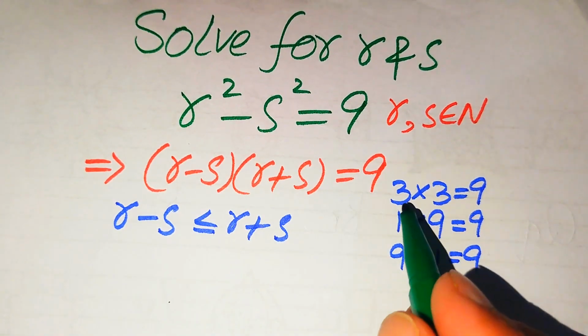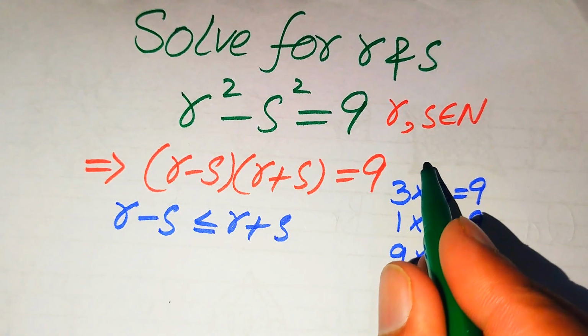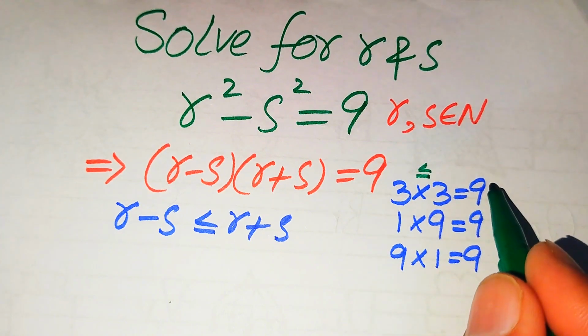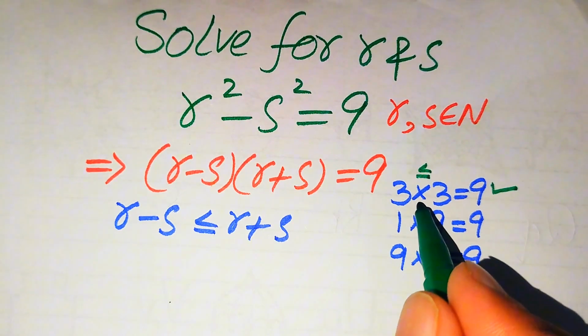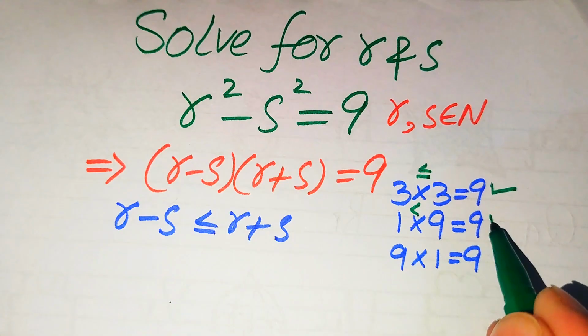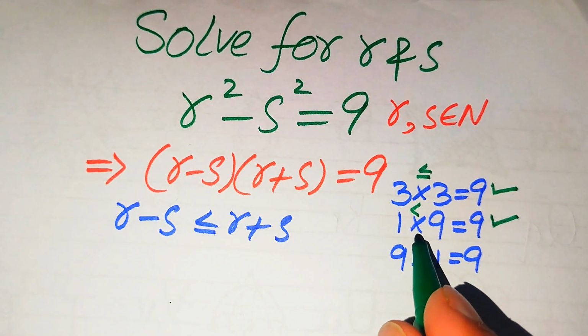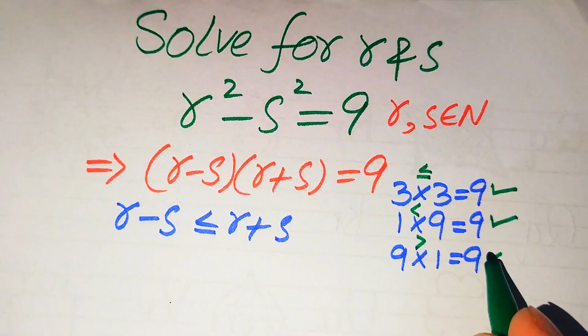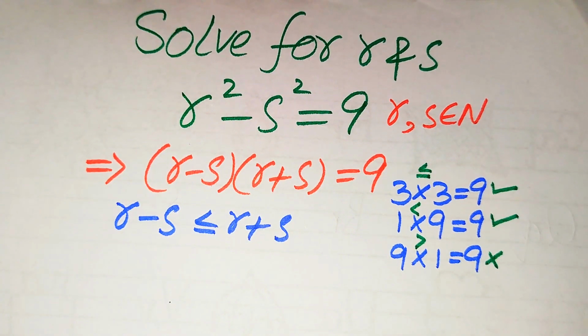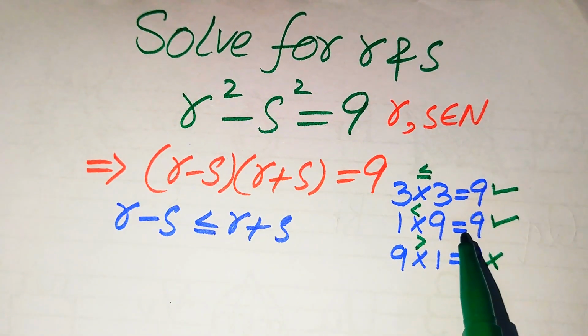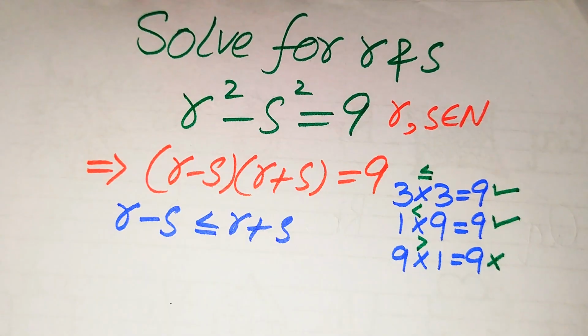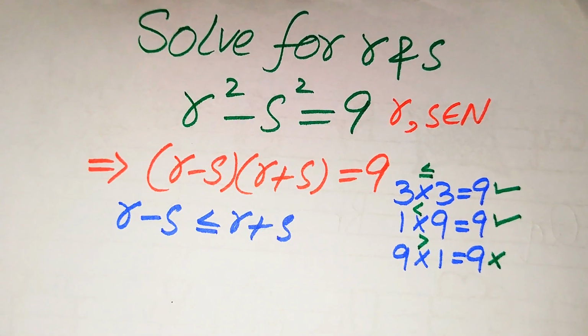You see this pair is less than or equal to 3, so we choose this one, and this one is less than 9, so we also choose this one. But here 9 is greater than 1, so we reject this case. So these are the two possibilities in which we can choose our right hand side.